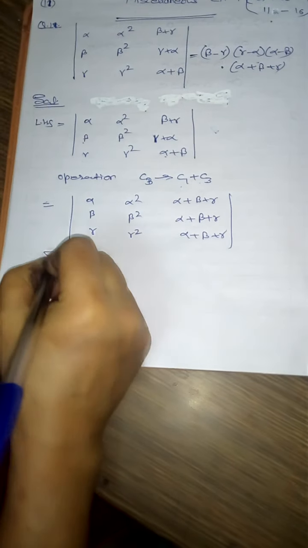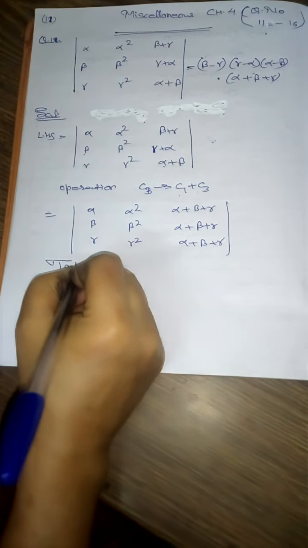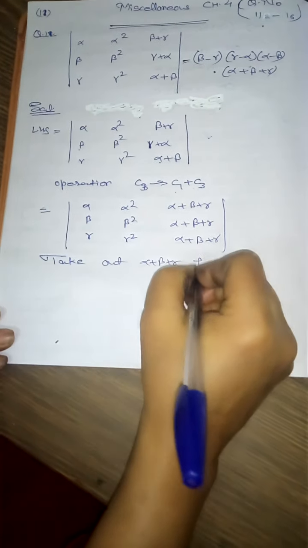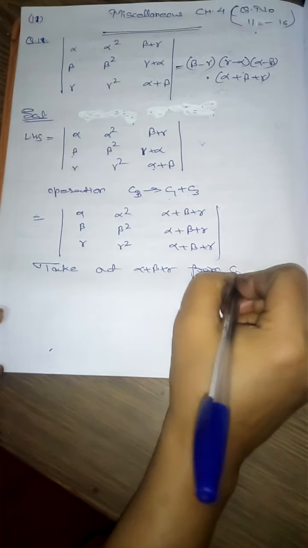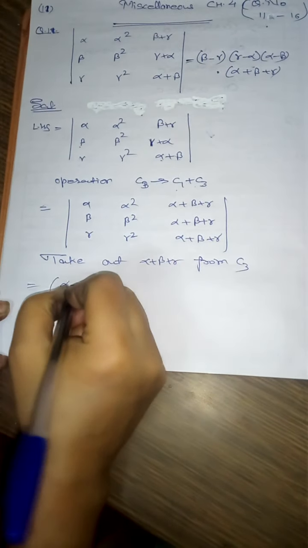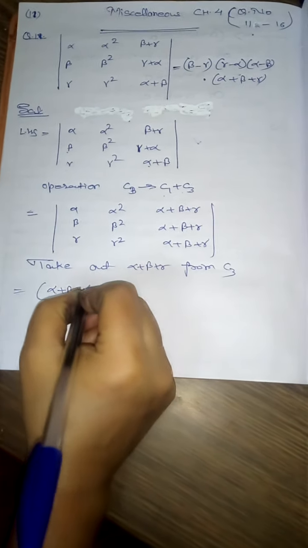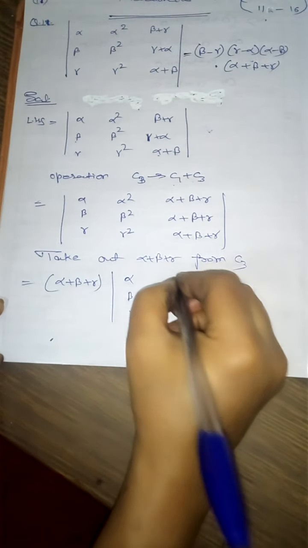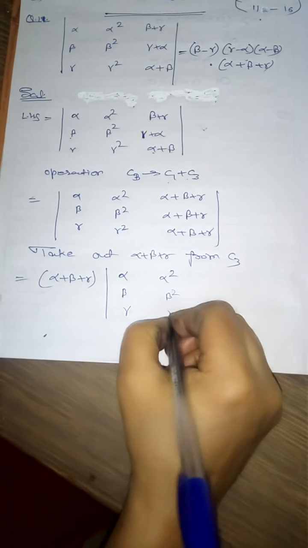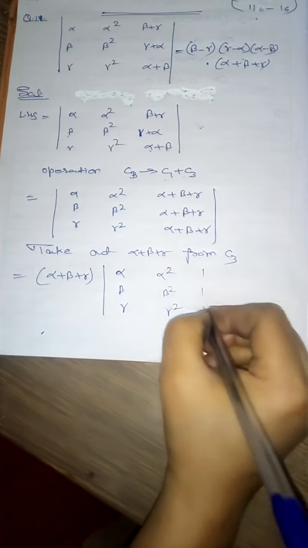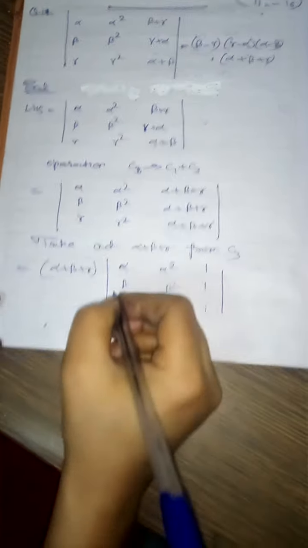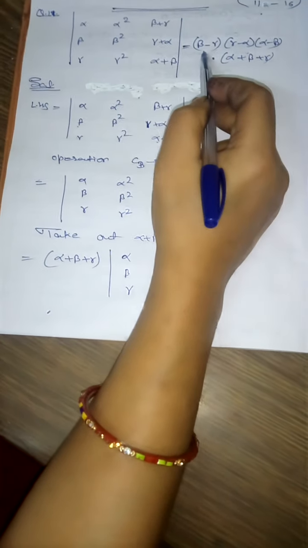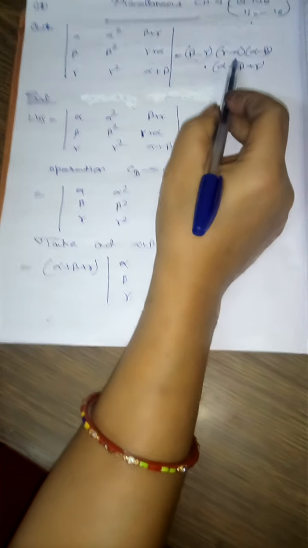So take out alpha plus beta plus gamma from C1. What is left, alpha plus beta plus gamma outside the determinant, then the first column 1 1 1, and the other columns as they are. After that we can change it like this to get beta minus gamma and gamma minus alpha.